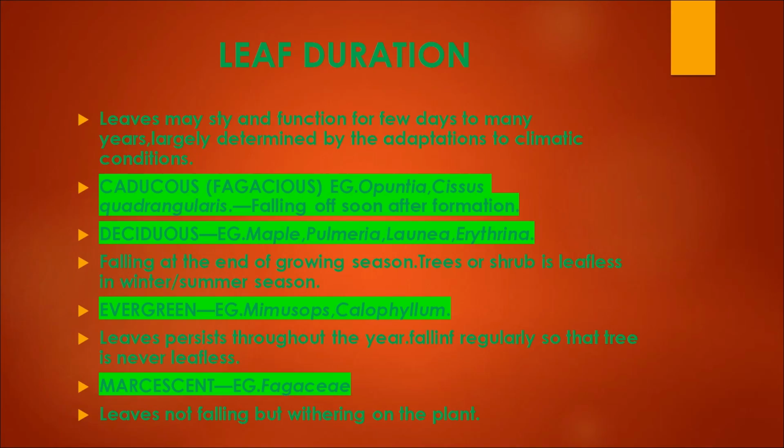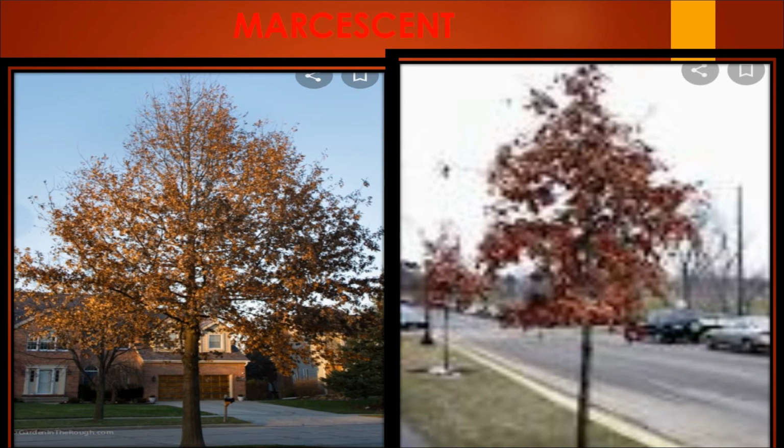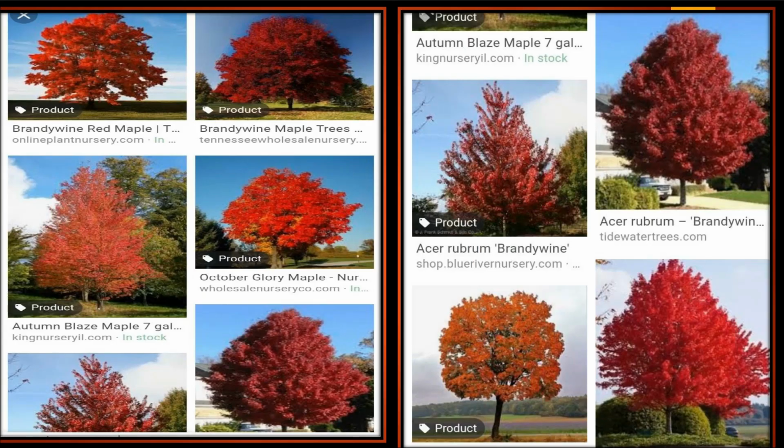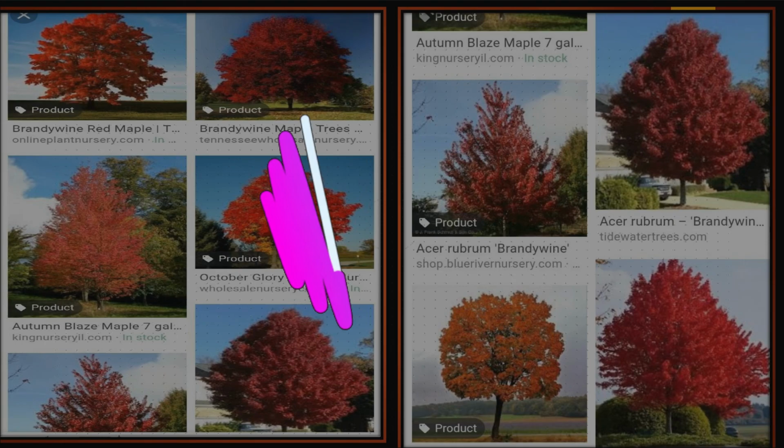The leaves do not fall off the tree, but they wither on the plant itself. They dry and the color changes, but they remain attached to the plant. So you can see the withering marcescent tree example, and these are evergreen plant examples. Here again, marcescent examples.